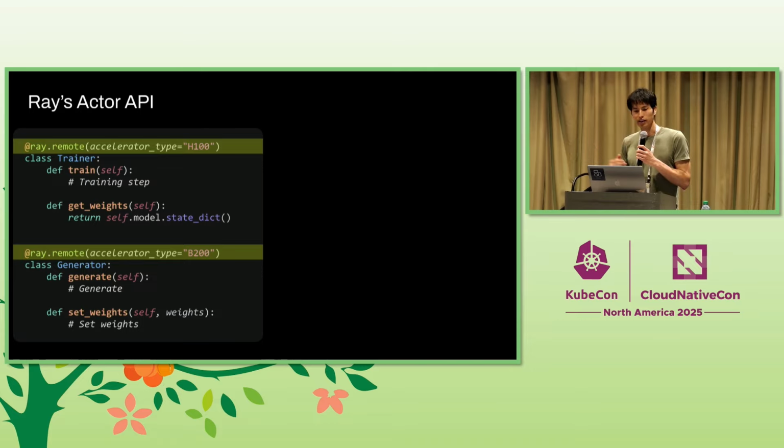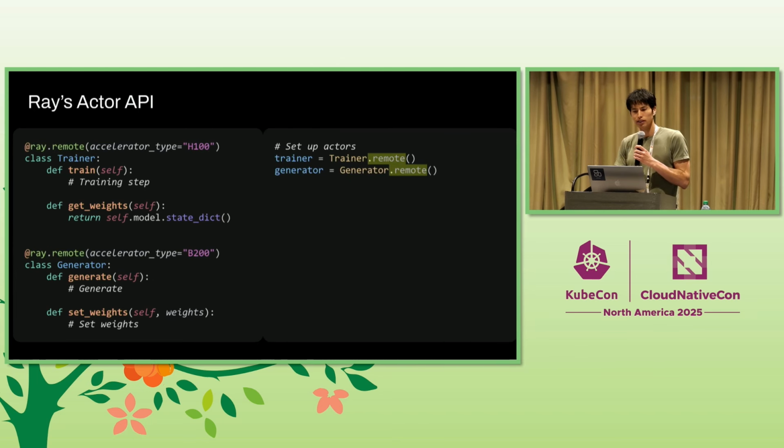You can specify that in the Ray decorator, so they integrate with each other in this way. And now when I instantiate this class, instead of just spinning up a local object in my Python process, it actually spins up a new process in my cluster with a copy of this object. And so I could spin up one of them, I could start 1,000 of them, I could start 100,000, and they can talk to each other, they can invoke methods on each other.